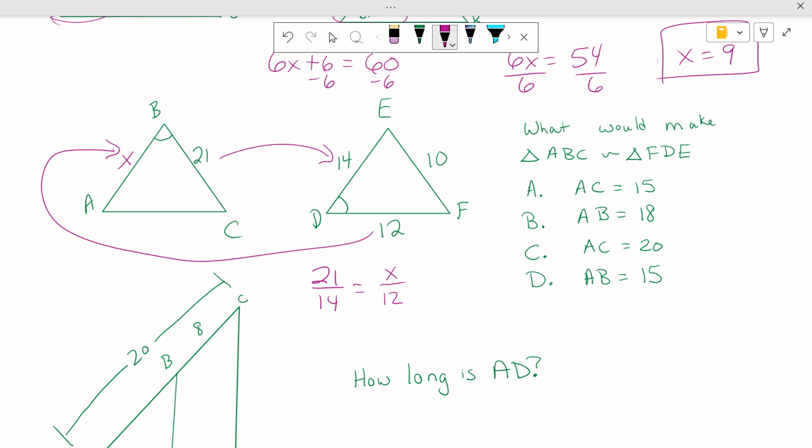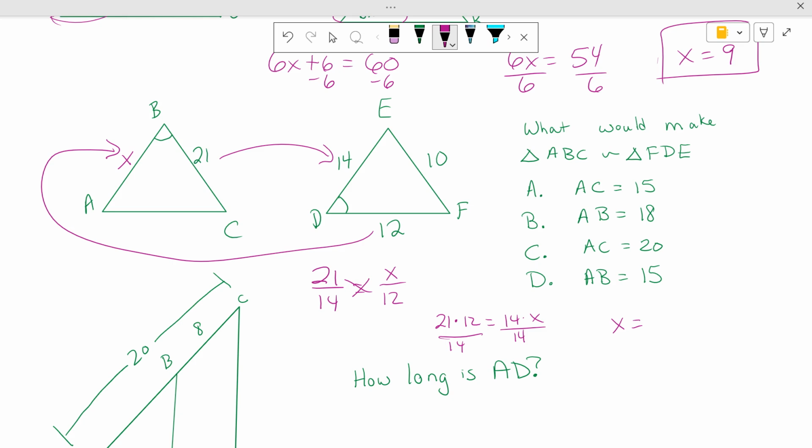How do I solve that? Cross multiply. 21 times 12 equals 14 times x. And then divide by 14. So 21 times 12 divided by 14. What is x going to equal? Ooh, you guys might need calculators out.